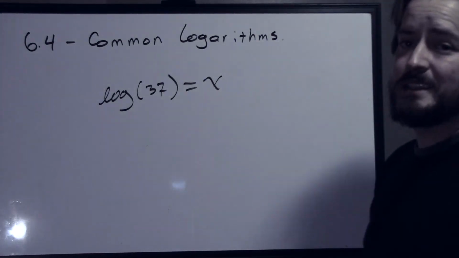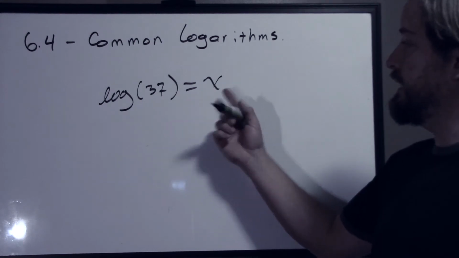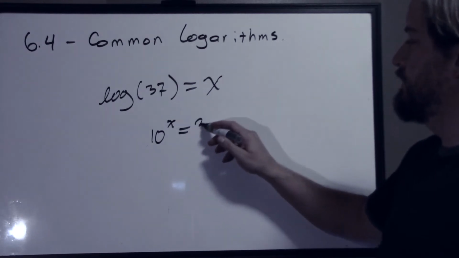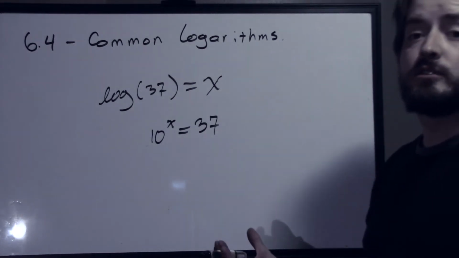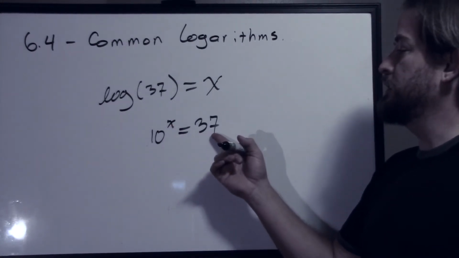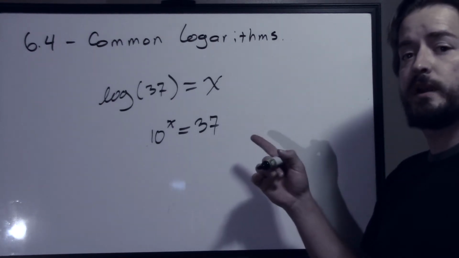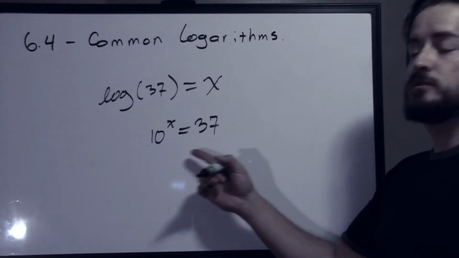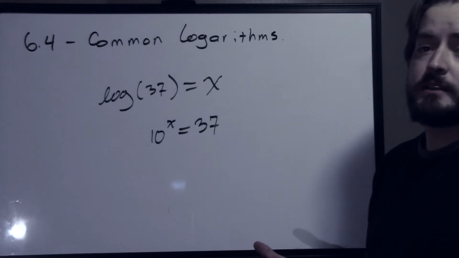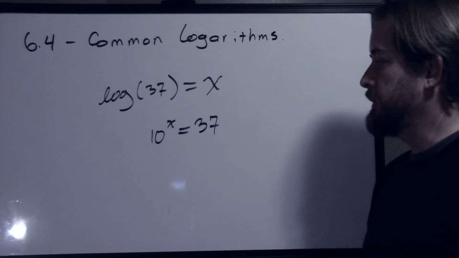If I want to rewrite this as an exponential, again it's that implied 10 that's not written here, raised to the x equals 37. What is the solution to this? I don't know. It's something ugly. What I do know, though, is that 37 is between the first and second power of 10. 10 to the 1 is 10, 10 squared is 100. 37 is between those two, so x is 1 point something, somewhere between 1 and 2. I don't know what it is off the top of my head because this type of calculation is not something that goes on easily, but we'll get to that.